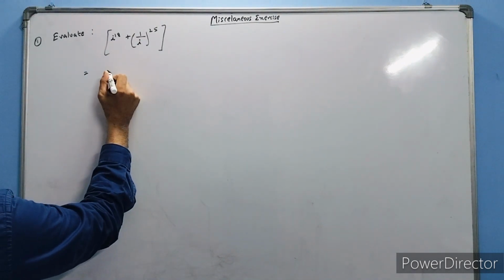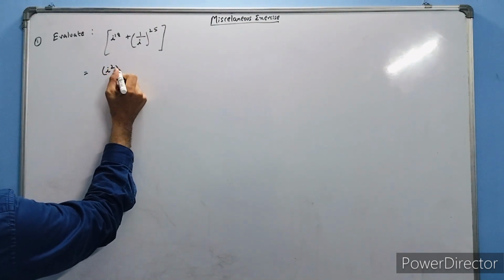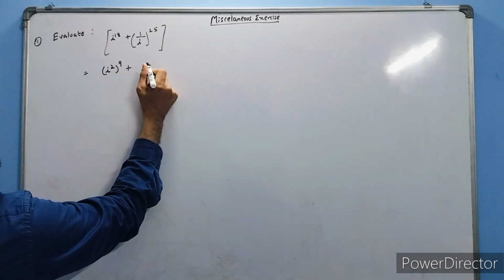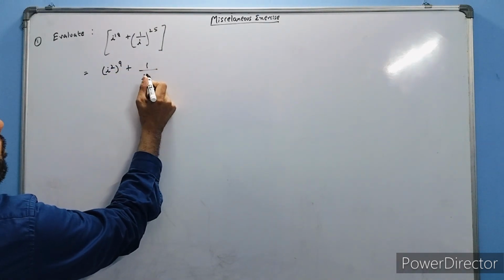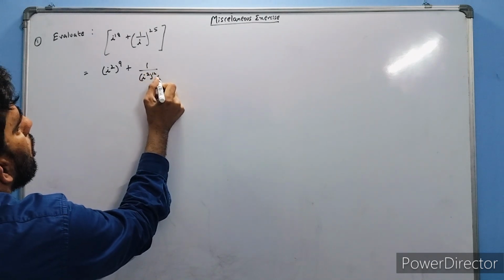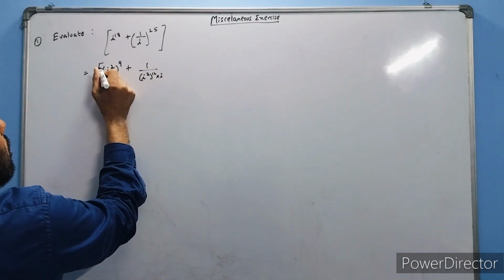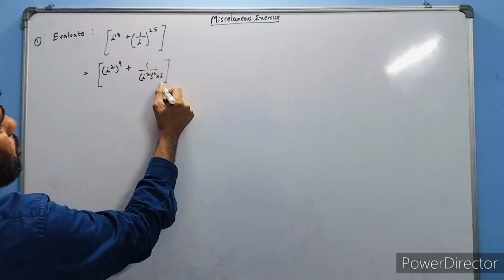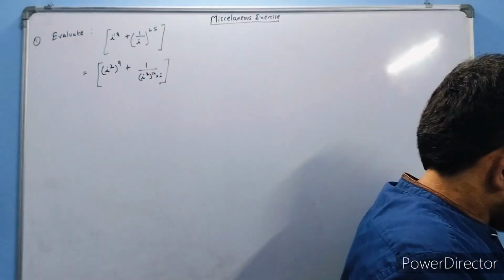How? We can write i raised to the power 18 as i square raised to the power 9, plus similarly I can write i raised to the power 25 as i square to the 12 into i. Now the next step: we know i square is -1, so here also i square is -1.